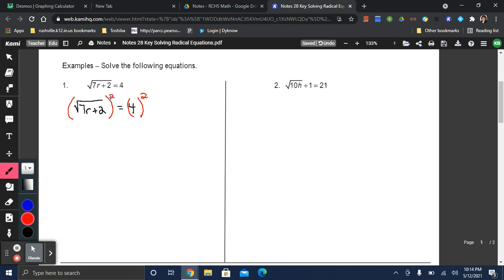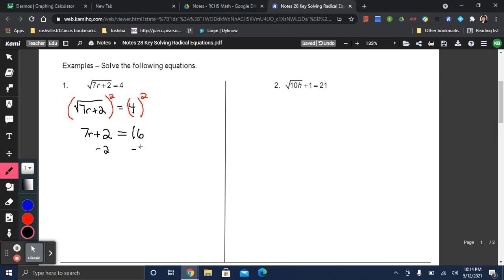Squaring undoes a square root, so the square root goes away, but the inside stays. So 7r plus 2 equals, and then we need to do 4 times 4, 16. Now you have an equation that you need to solve.